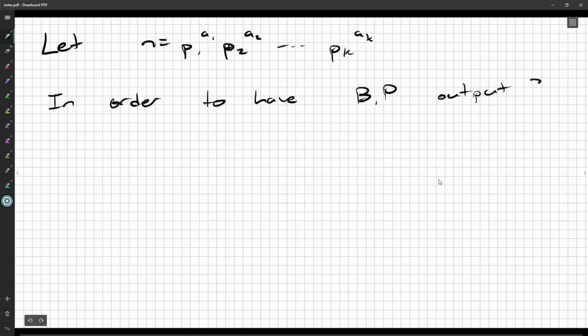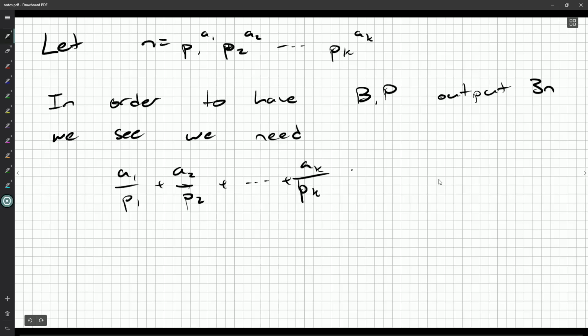In order to have the Barbeau process output 3n, we see that we need a1 over p1 plus a2 over p2 plus ak over pk to be equal to 3.